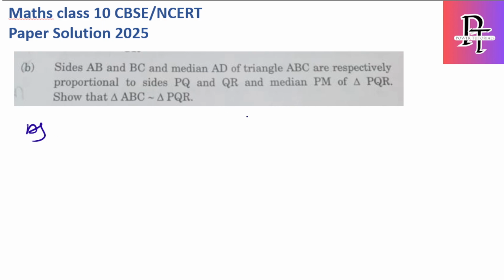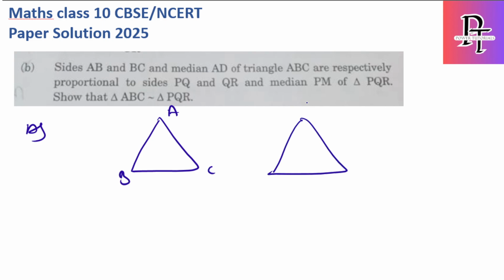Okay, let's solve the b part. This is a direct NCERT question. So we have two triangles, ABC and the second triangle PQR. What they have mentioned in the question: sides AB, BC and median is AD. AD is a median, which means BD is equal to DC.